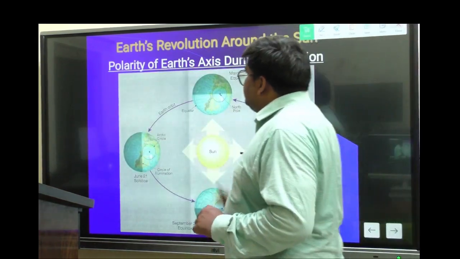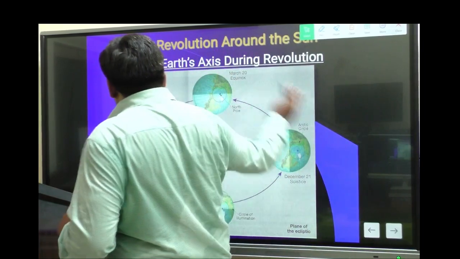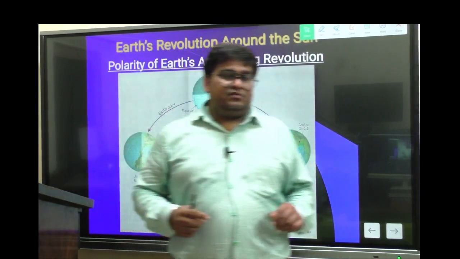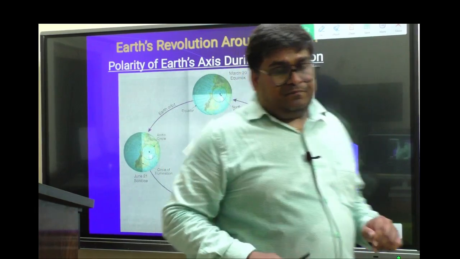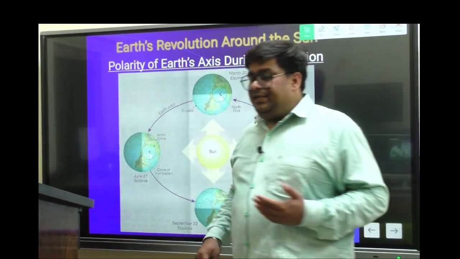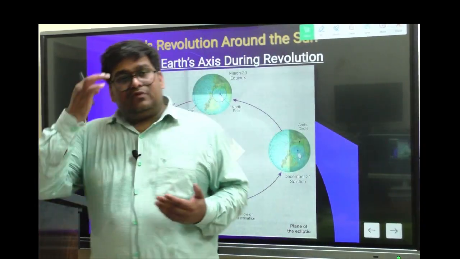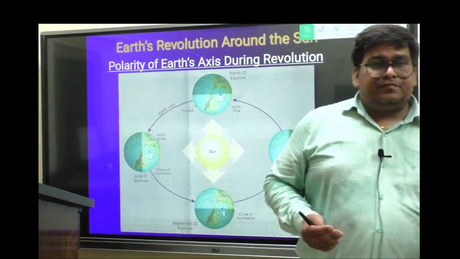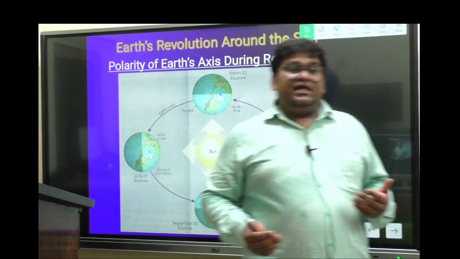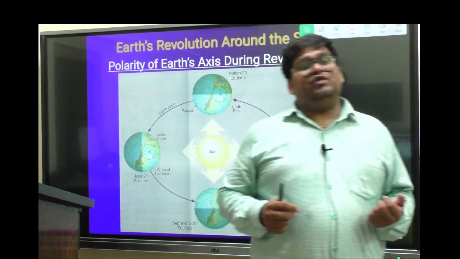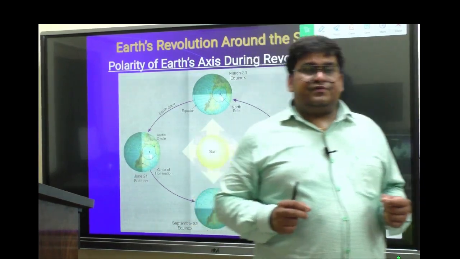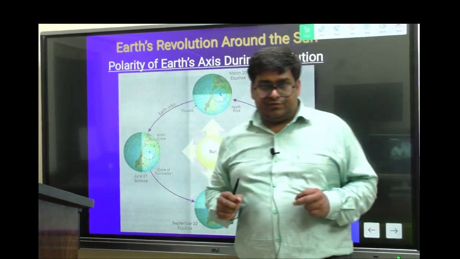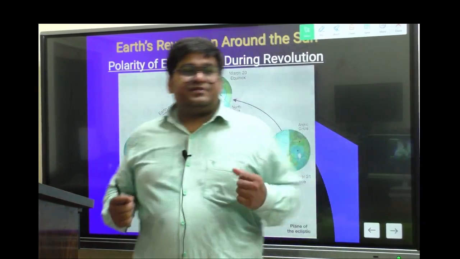So here you have the movement of the Earth all along the Sun. You have four types of phenomena. One is called summer solstice, then winter solstice, then vernal equinox, and autumnal equinox. What is summer solstice?